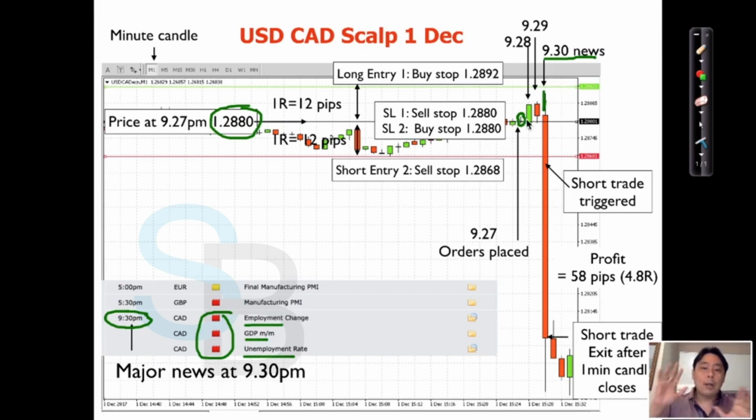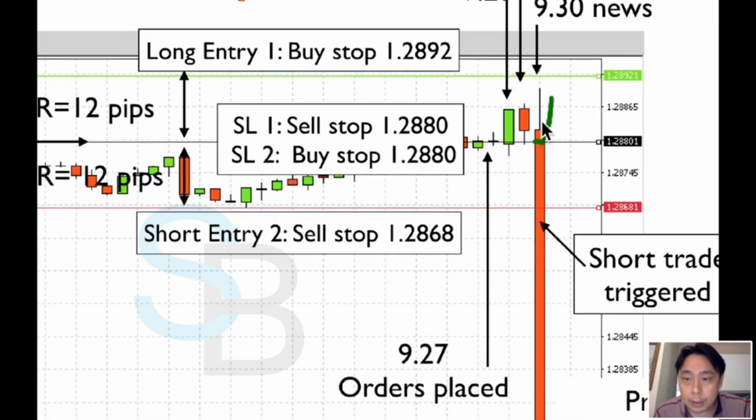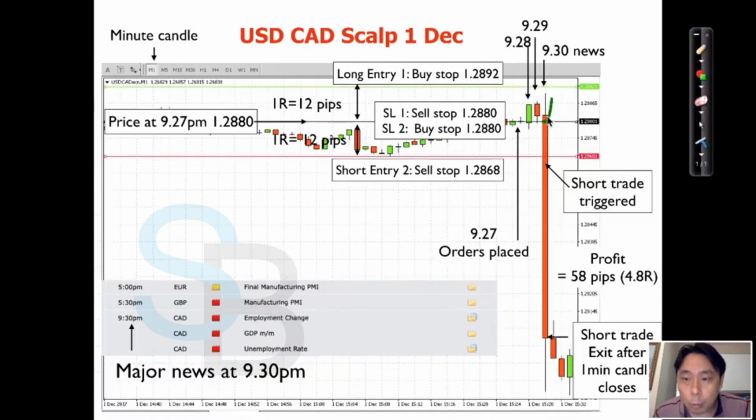So once my orders are placed, I wait for 9:30. And as you can see, the moment 9:30 happened, the price initially went up. You can see this candle, the upper shadow. It was going to go up, but it did not go up high enough to trigger my buy order. Okay, it did not reach 12 pips, and thank God, because if I had placed it 10 pips away, it would have triggered, and then I would have gone down and had a loss.